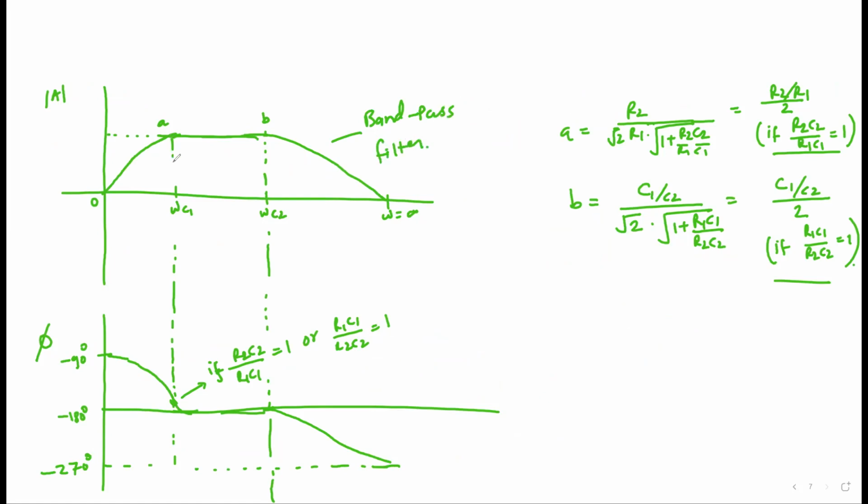Between these two frequencies, we have this constant gain, that is the values right here. The gain is available, and at omega c1 and at omega c2, the gain falls to the minus 3 dB value from the DC gain, from the gain which is constant. So it is the minus 3 dB points. It depends on what values we choose for these. Let's draw it in a proper way.